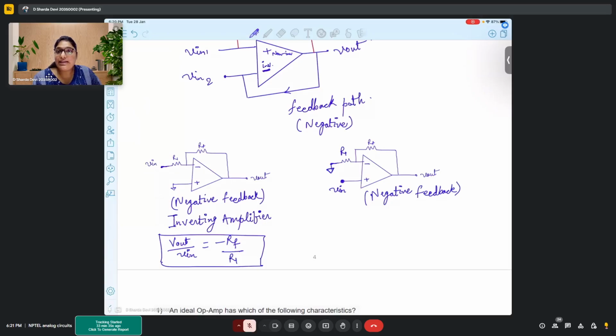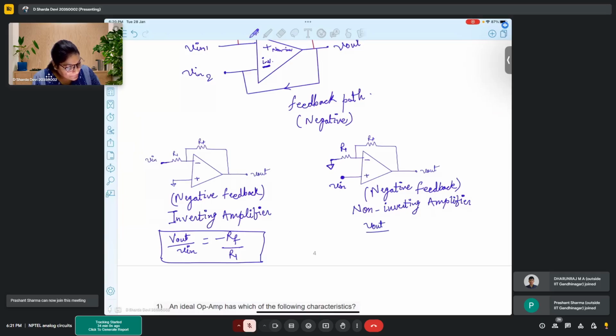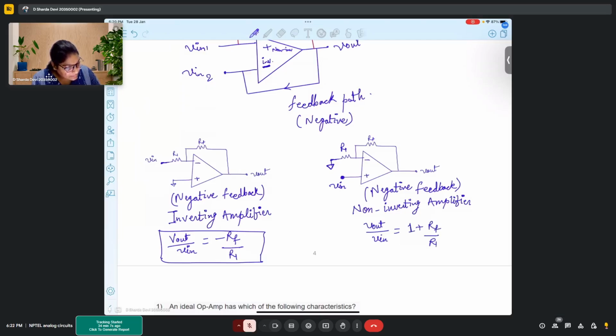The feedback is again negative feedback. But here I'm giving input to my non-inverting terminal. So this is my non-inverting amplifier, and the gain for this non-inverting amplifier is 1 plus RF upon R1.